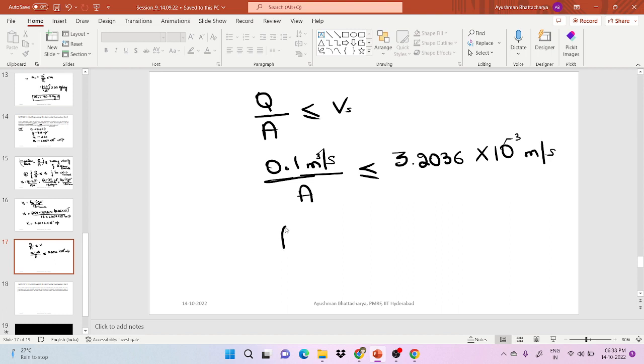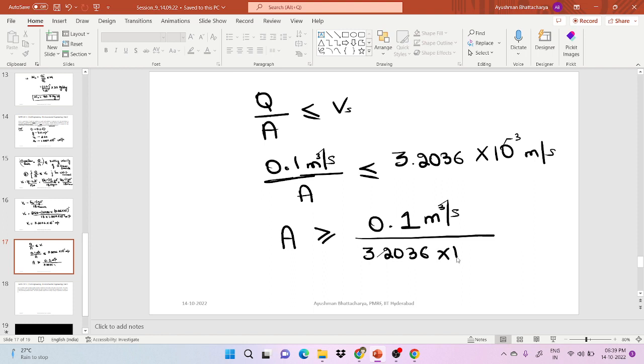For calculating area, the expression will be 0.1 meter cube per second divided by 3.2036 into 10 to the minus 3 meter per second. So the A minimum, if you solve this equation, will come out to be 31.214 meter square.